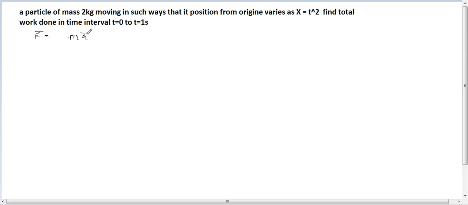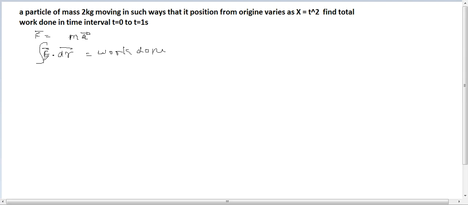Okay, and then with this F we will get F dot dr, and with the help of this we get work done. So let's solve the question by this first approach.